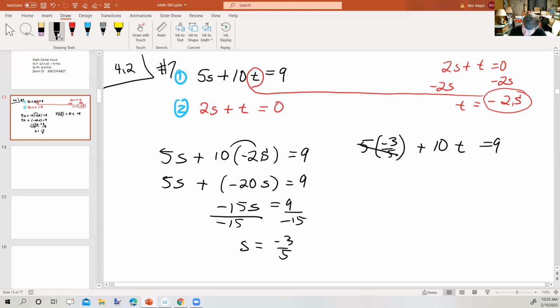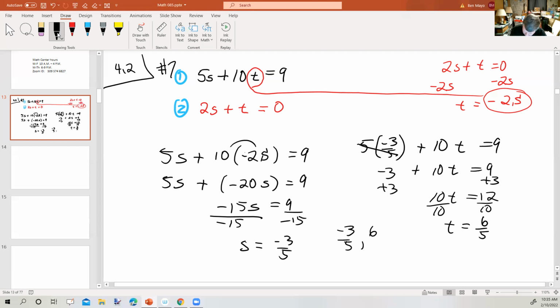The 5's reduce down, and I have negative 3 plus 10t equals 9. I'm going to add 3 to both sides of the equation. 10t equals 12. Divide both sides by 10. t equals 12/10 or 6/5. So it appears I have the solution negative 3/5, 6/5.